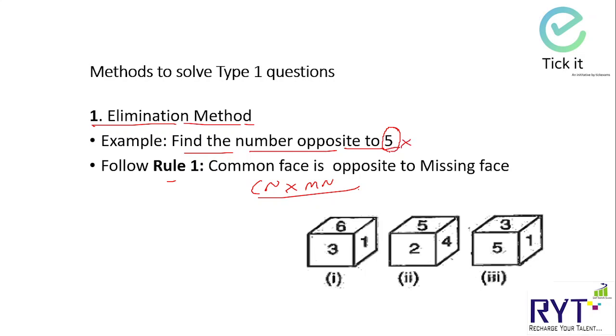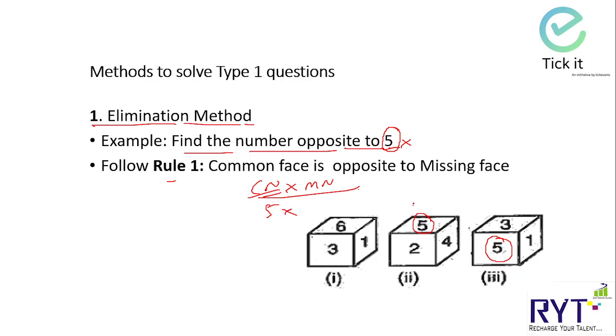So I will see if number 5 is a common number in the figures given. Is it common? Yes. Number 5 is in figure 2 and number 5 is in figure 3 also. So number 5 is the common number.